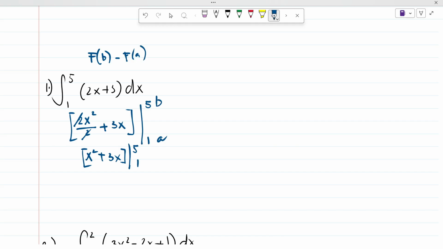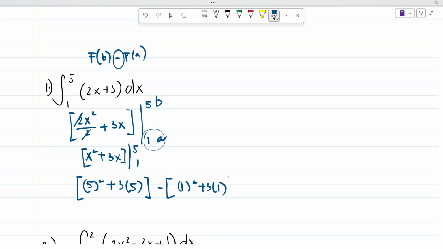So we substitute 5 for all the x: 5 squared plus 3 times 5, then minus, for a, what is the value of a? 1 squared plus 3 times 1. Gets, guys? So this is 25 plus 15 minus 1 plus 3.